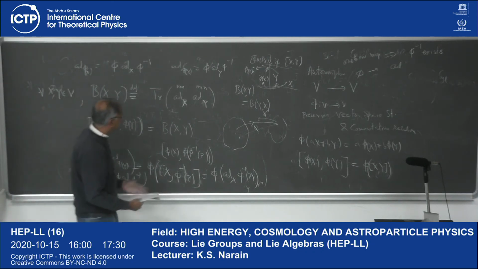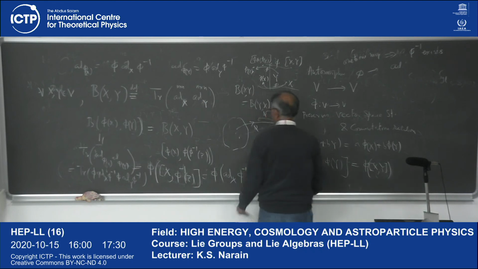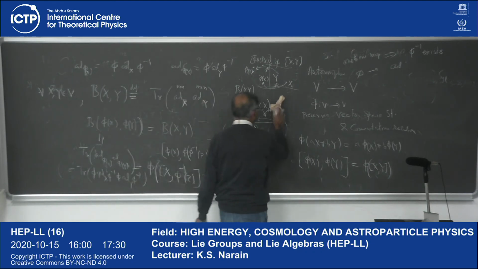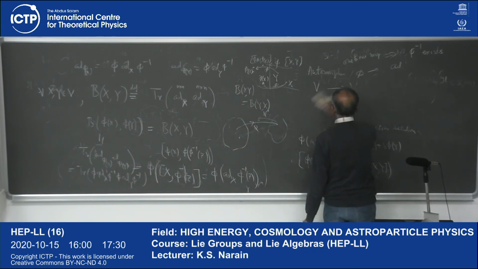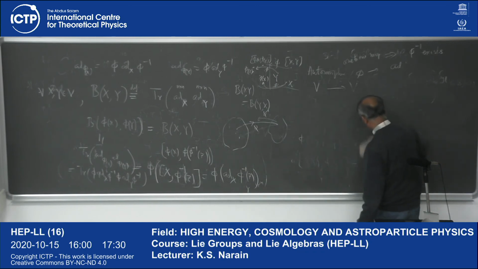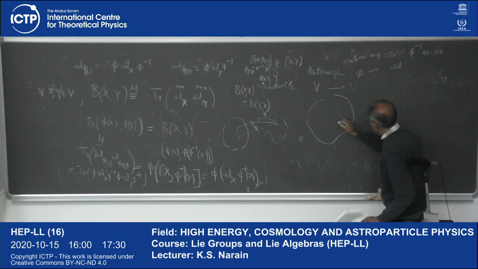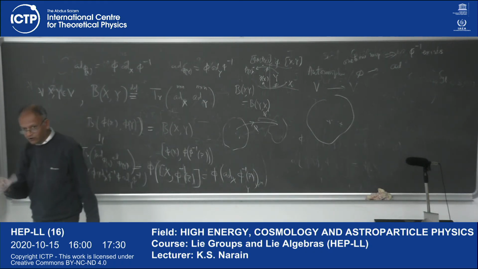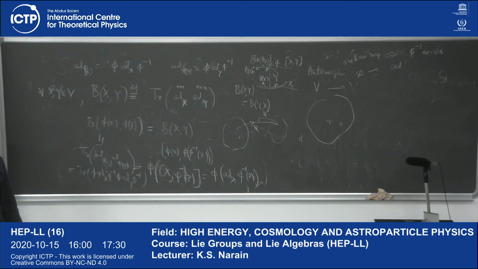It means that if I define this, so pictorially, it means I have this picture here. I have say x and y, two elements, and this definition b of xy gives me a bilinear form, a symmetric bilinear form, right?